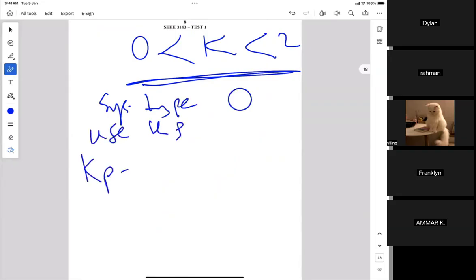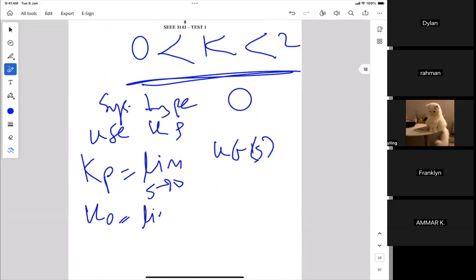Kp sama dengan KG(s). Okay. K berapa? What is the value of K? Guys, K is 0.416.